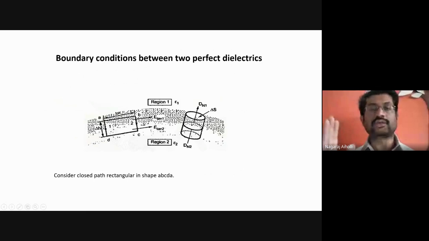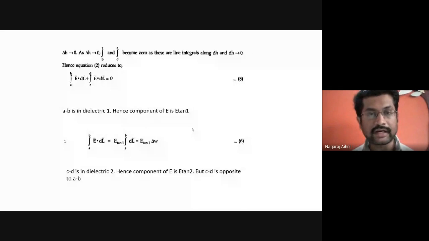Consider the boundary condition from region 2 to region 1. This Dn is leaving the bottom surface and entering the top surface. So one should be considered positive, another negative. Accordingly we can write the equation here. For the top surface Dn enters and for the bottom surface it leaves.